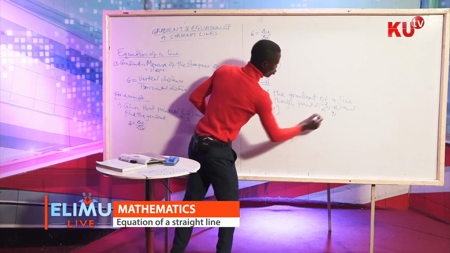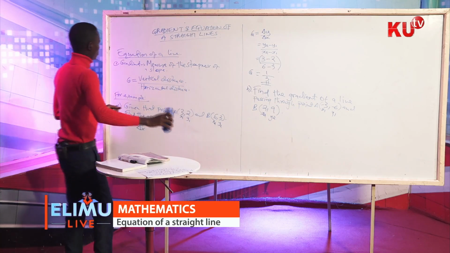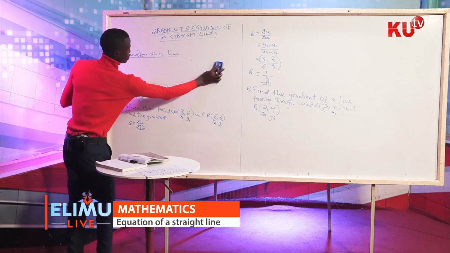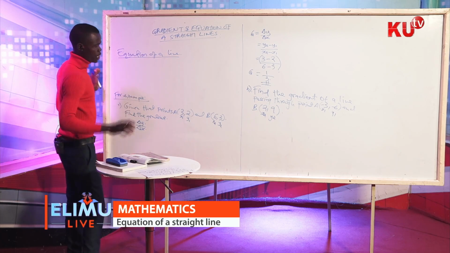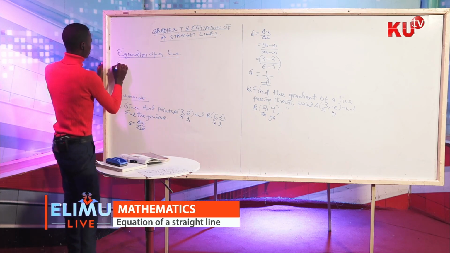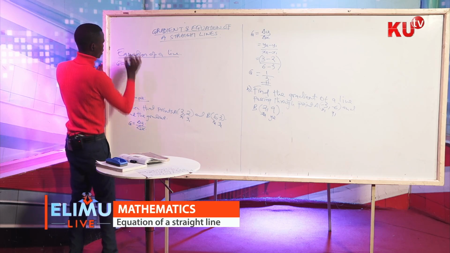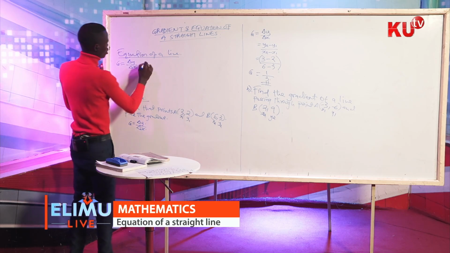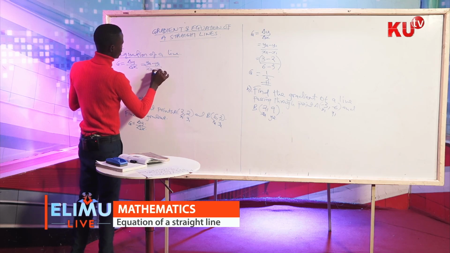Now what do we do? From there, we write our formula, which is gradient is change in y over change in x, which will be y2 minus y1 over x2 minus x1.